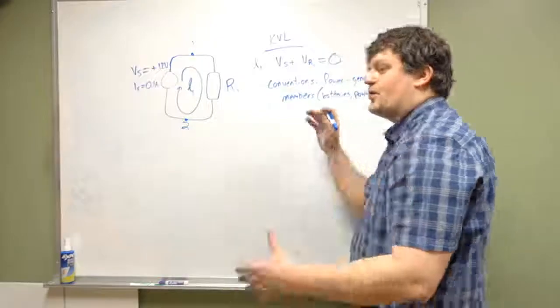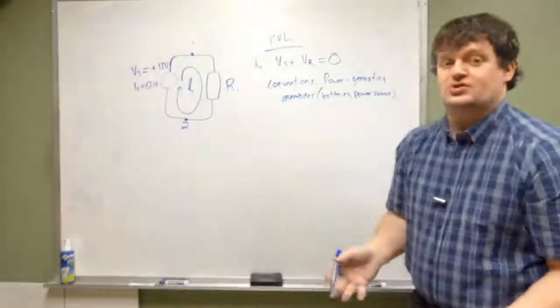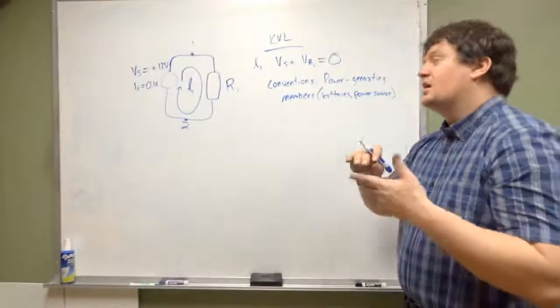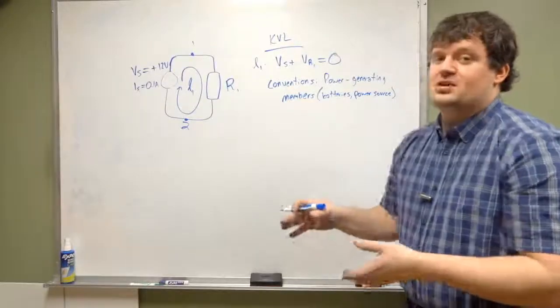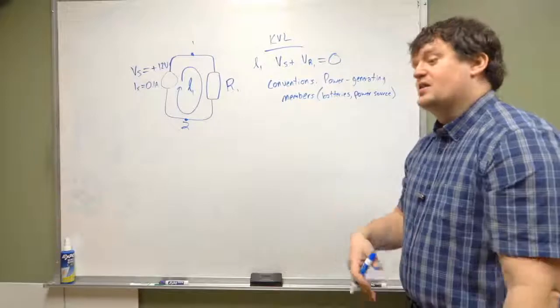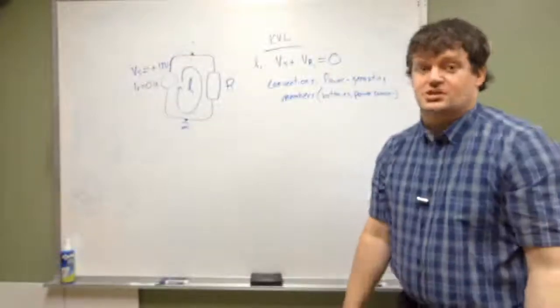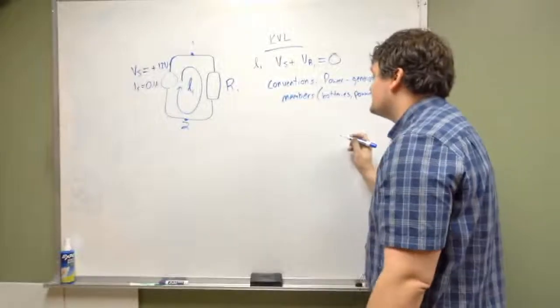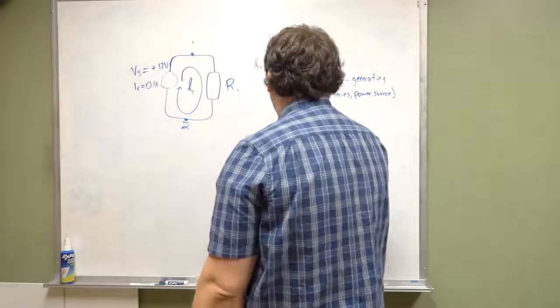These are bringing power into the system from something external. Okay, in a battery, it's coming from a chemical reaction. In a voltage supply, it may be coming from a wall socket. In a transformer, it may be coming from another inductor. Regardless, any power generating members are negative.